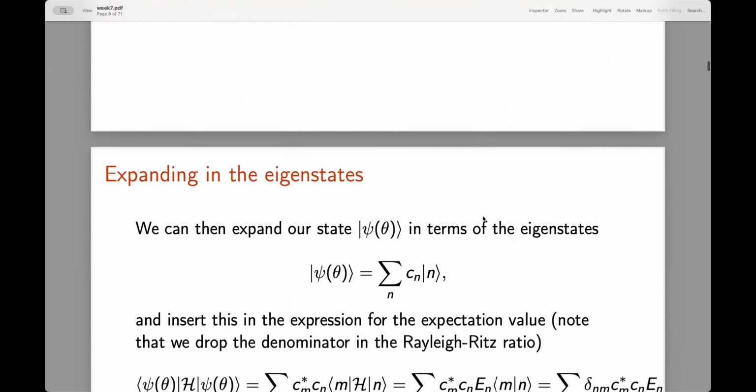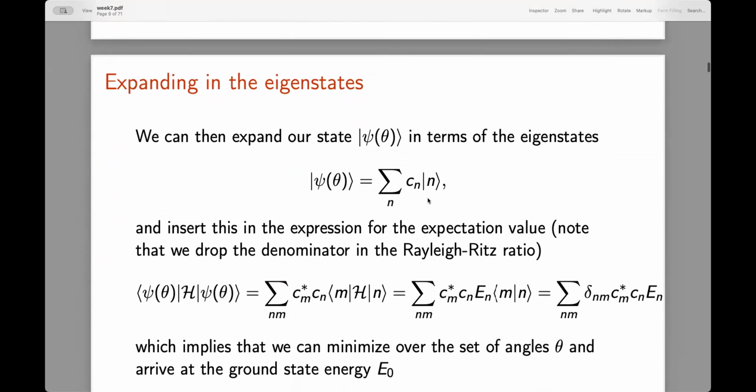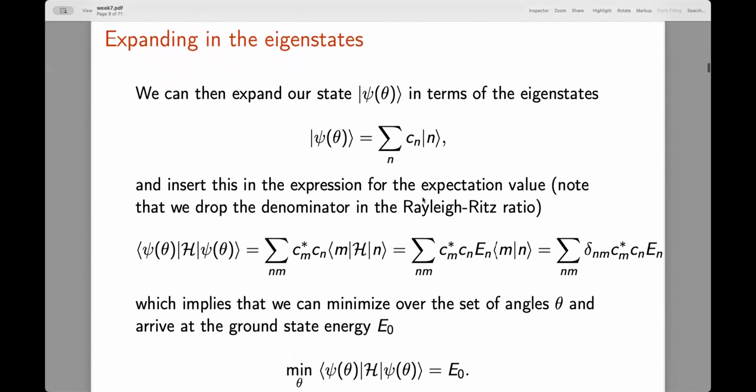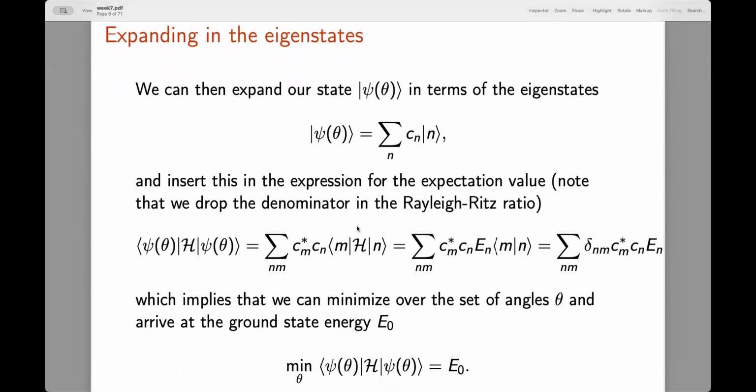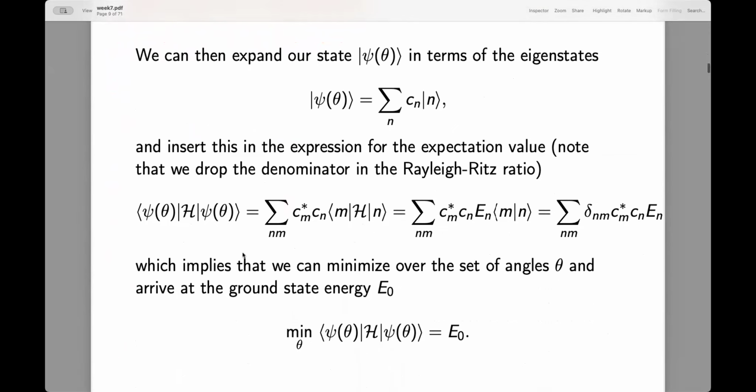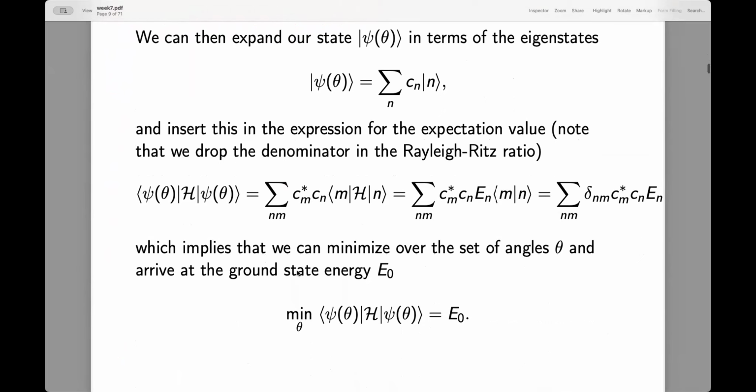You can show that if you expand this in an eigenbasis, then if you leave out the denominator in the Rayleigh-Ritz ratio, the minimum value here, obviously if you have the exact eigenvalues, then there will only be one specific state which pops up. And you are going to minimize the problem with respect to the angles theta.